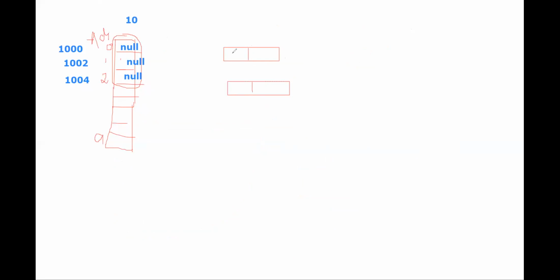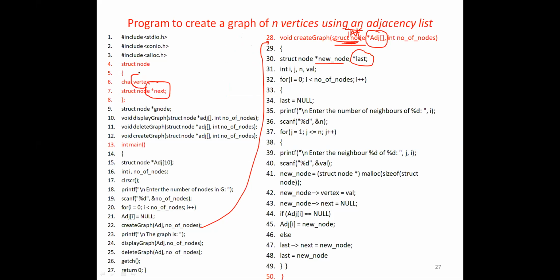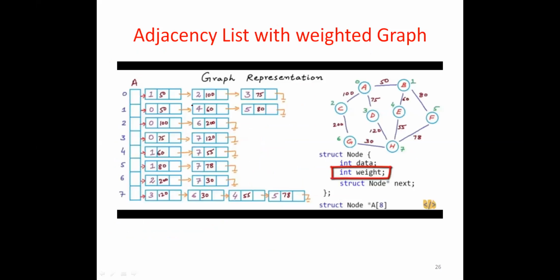So this is vertex, the character of the text, and this is pointing to some other node. So what is the next? Vertex and next are the fields in the particular node. We have declared two nodes.